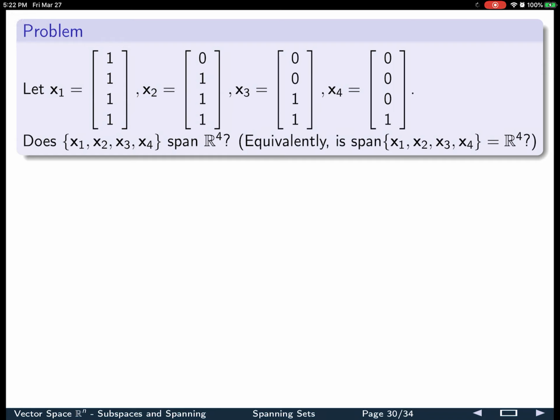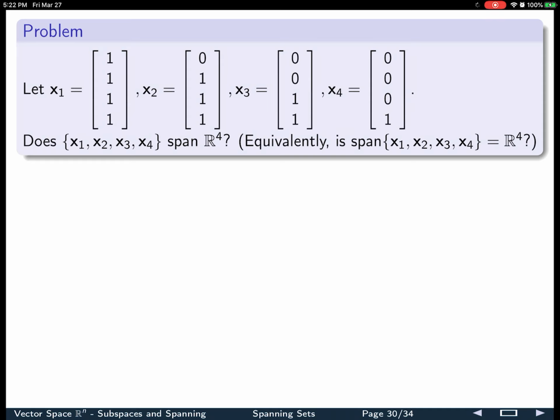Here we have 4 vectors, and we would wonder if those span R4. Probably the easiest way to do this would be to row reduce and to see if you get 4 pivots.